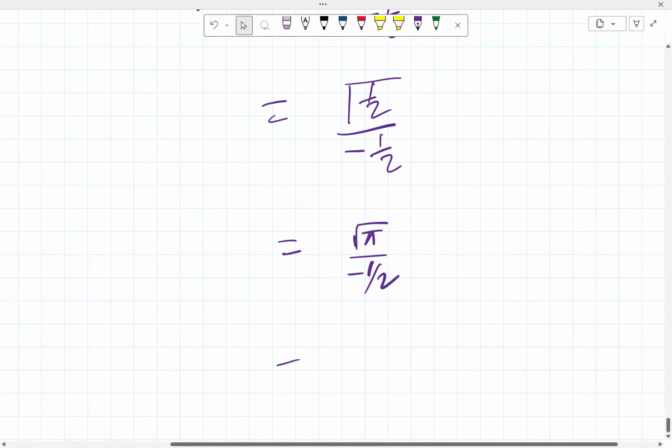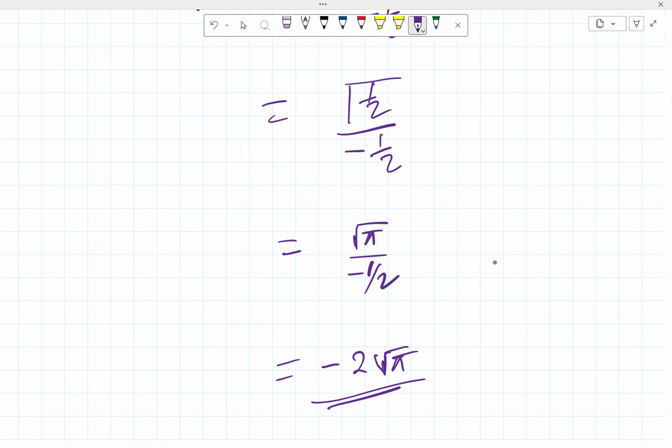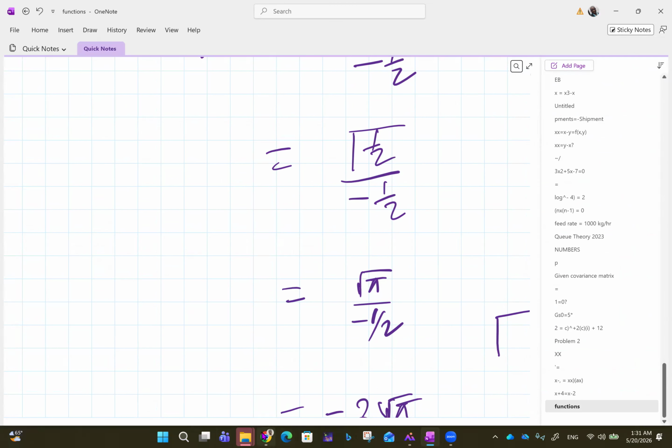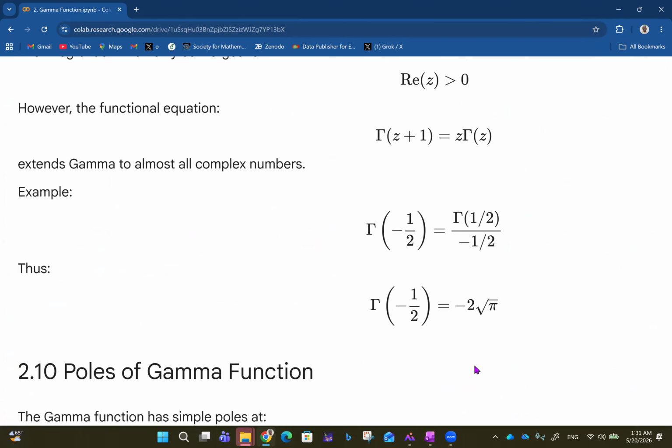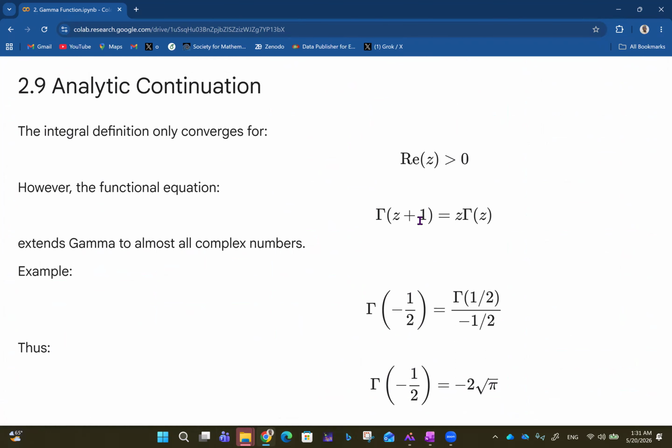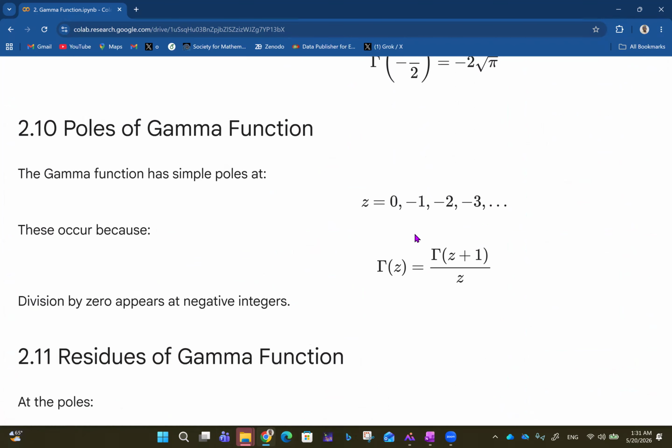So that means we can simply have this to be minus 2 root pi, and we are good to go. So distinguish between gamma and square root, very important. It's not the same thing as square root. So that's minus 2 root pi right there. So it means this formula is so powerful that you can extend factorial to even fractions and non-integers generally.